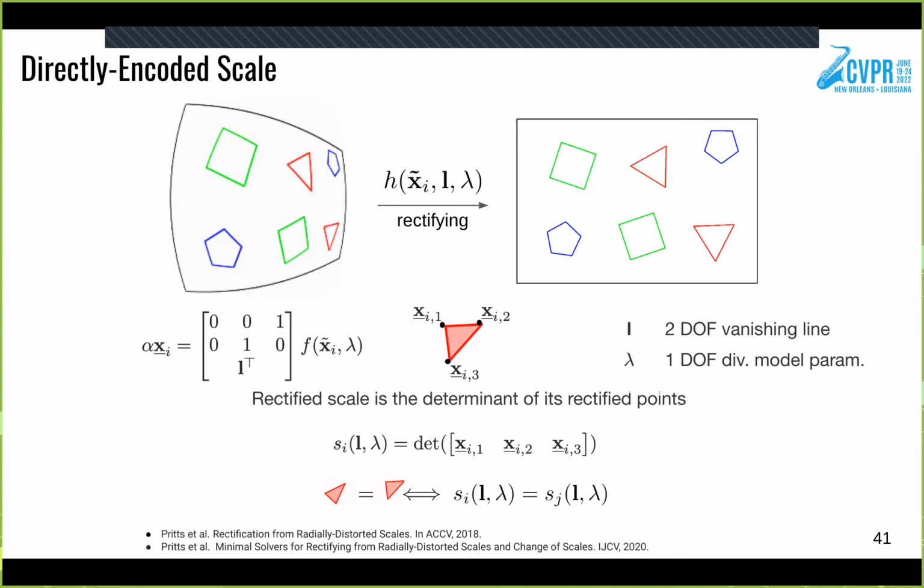And we set these scales equal to each other. We know that they must be equal in affine rectified space. So we write down these equations, we set them equal, and this generates our constraints. And now we know that those affine covariant regions must, after this transformation, be equiscalar.